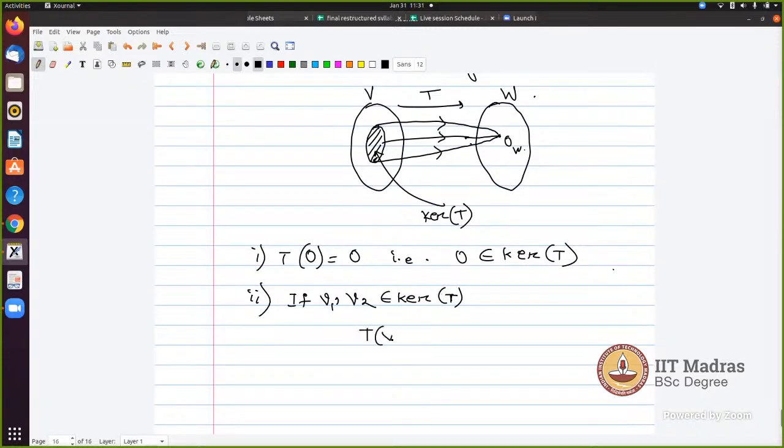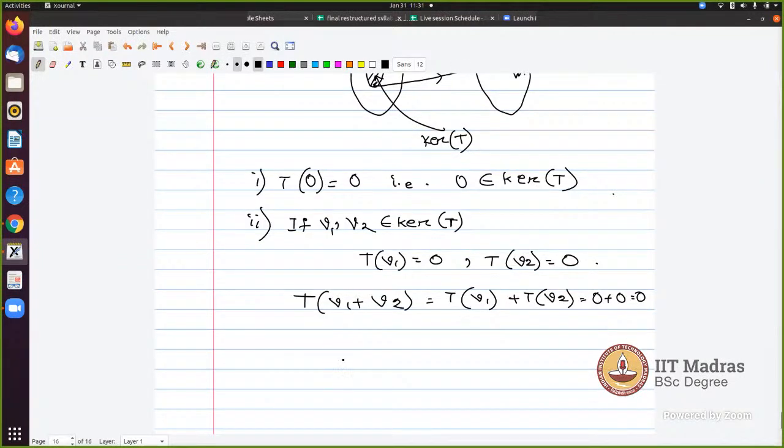T of V1 equals 0, T of V2 equals 0. So T of V1 plus V2 is 0 plus 0, that means 0. So basically V1 plus V2 is also in the kernel.